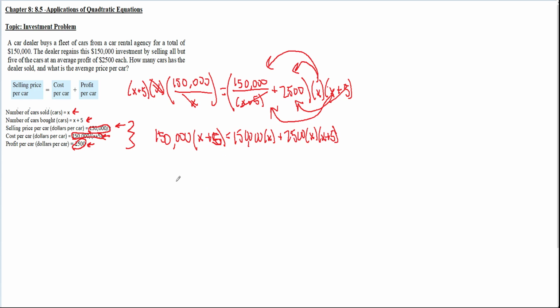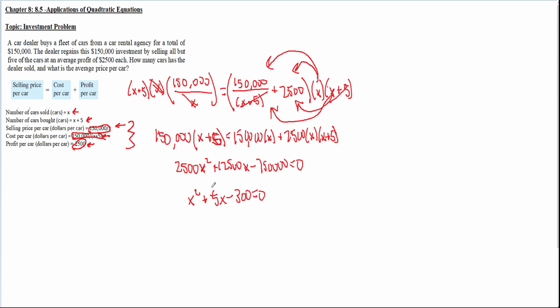Your second to last step should end up looking like this, equal to 0. Then we divide each term by 2500, and we get x squared plus 5x minus 300.